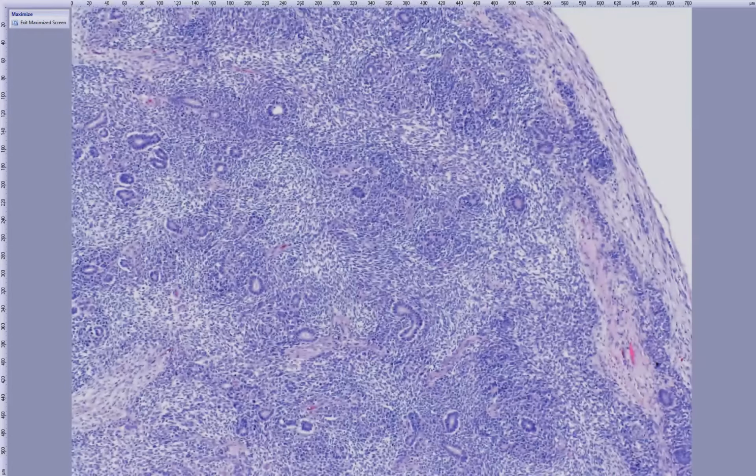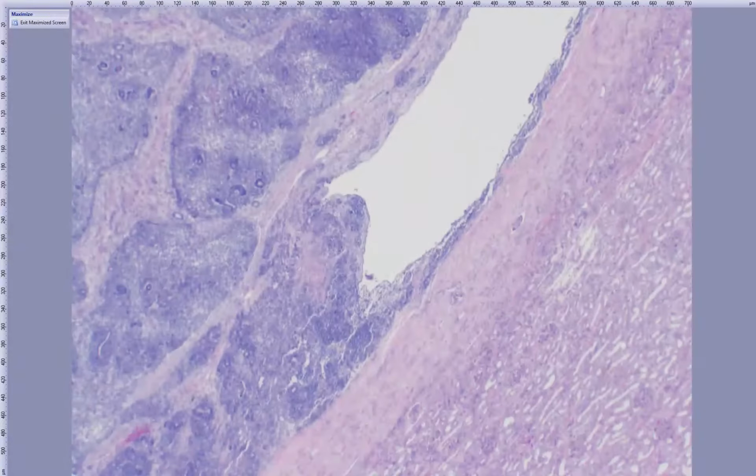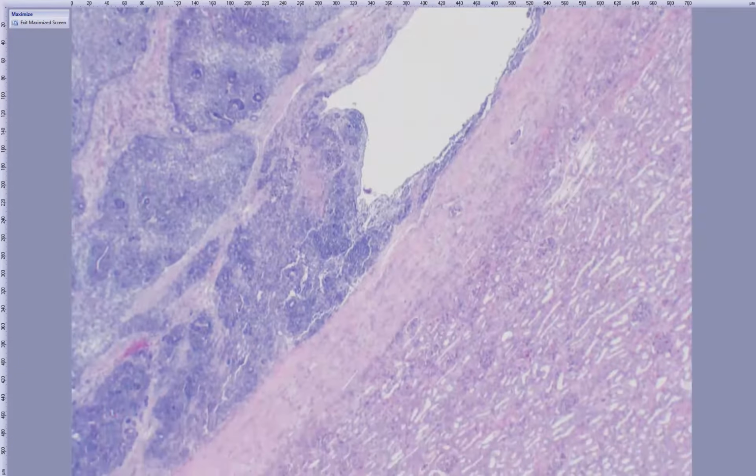So a couple things about Wilms tumors. Number one, when you first start to look at a Wilms tumor, one of the things that you'll probably notice, hopefully here on low power, is we've got some normal kidney out here on the right-hand side.